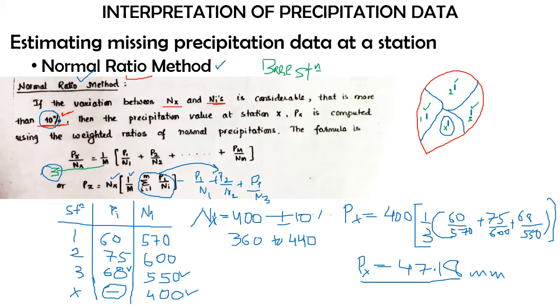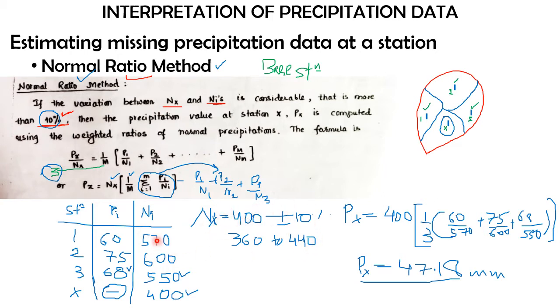Finally, I'd like to conclude with two points on this normal ratio method. One, this method is much more accurate than the arithmetic average method. Second, even if the percentage variation of Ni and Nx is less than 10%, what do I mean by that?